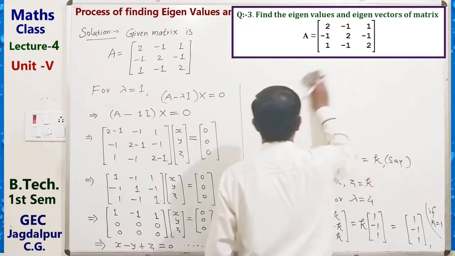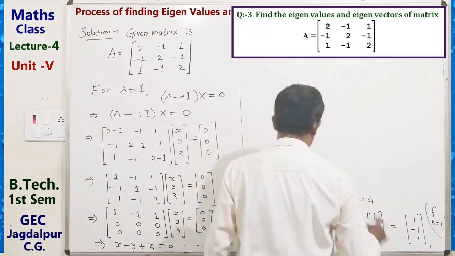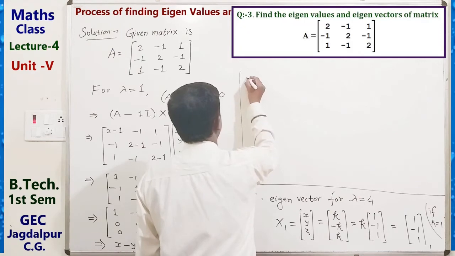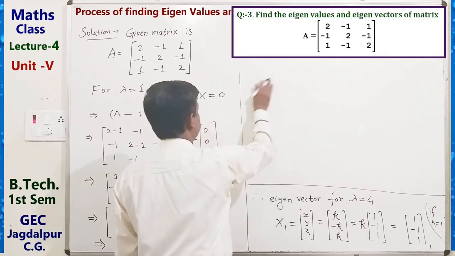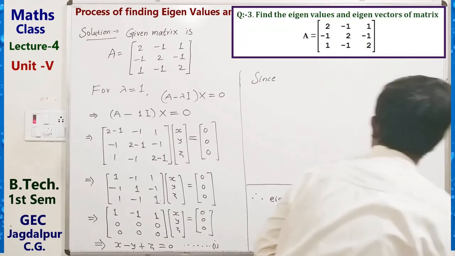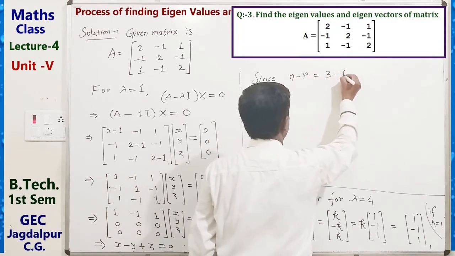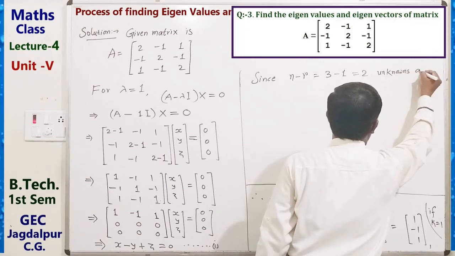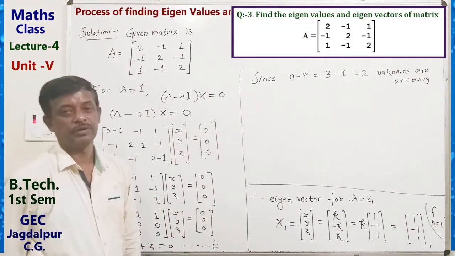unknowns will be arbitrary. Since n minus r, that is here the number of unknowns 3 minus rank 1 equals 2, 2 unknowns are arbitrary.